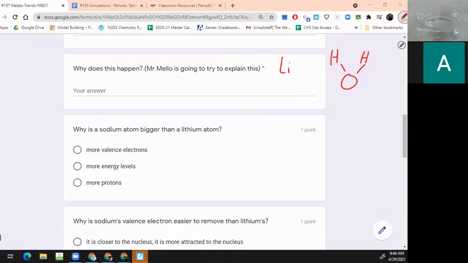So here's what actually happened: lithium has one valence electron. The reason hydrogen is bonded to oxygen is because it has one valence electron and it shares a valence electron with oxygen. But lithium just gives its electron to hydrogen.